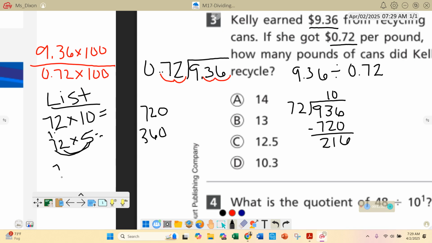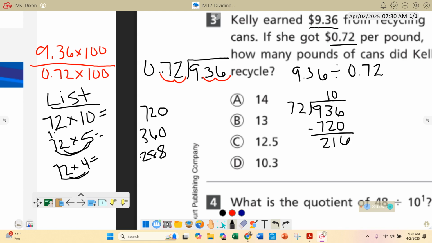Let's try 4 because that's not too far off. All right, 4 times 2 is 8. 7 times 4 is 28. Still a little too big.